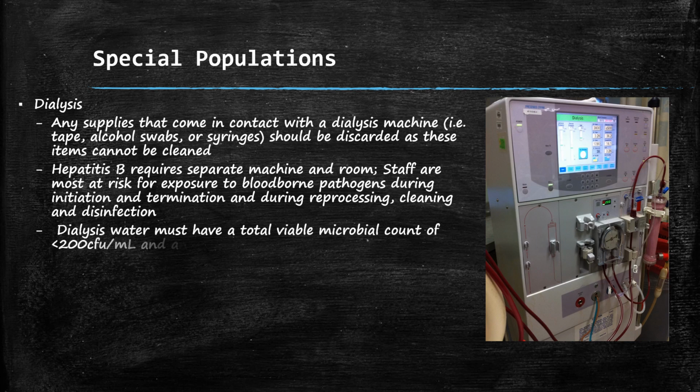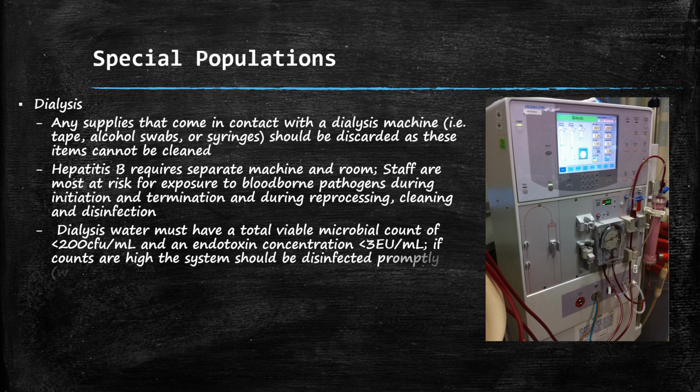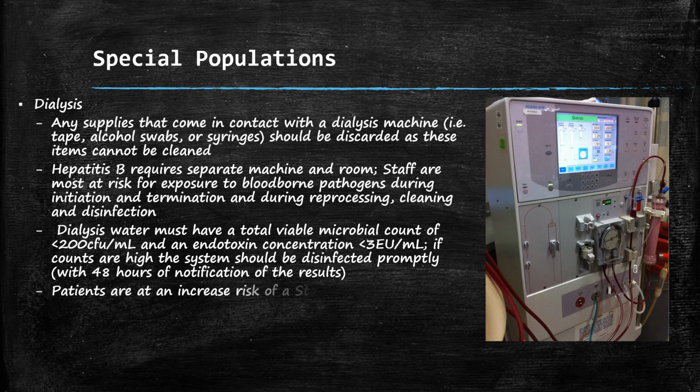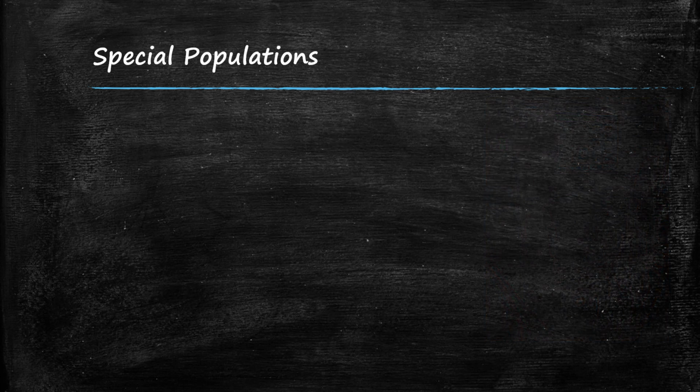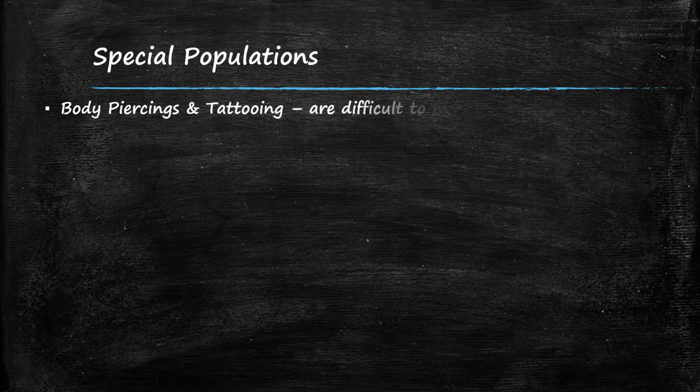Dialysis water must have total viable microbial counts and an endotoxin count as well reported to infection prevention. Patients are at increased risk of staph infection if they have poor hygiene. Thus, patients should be taught to wash their access site with soap and water daily.